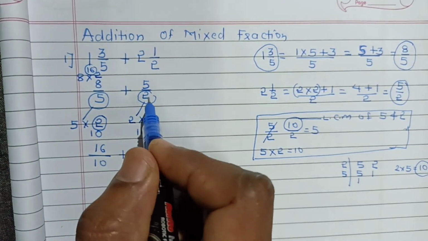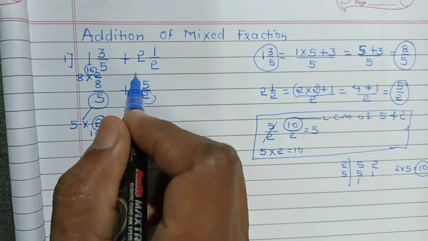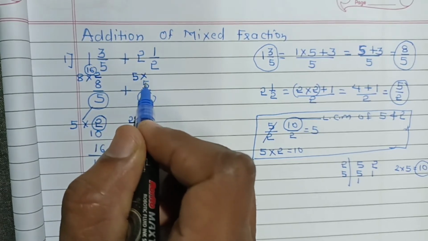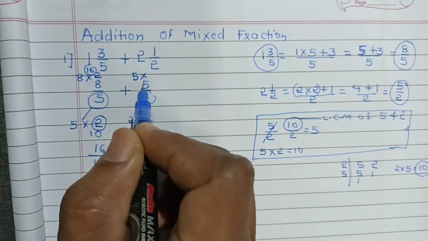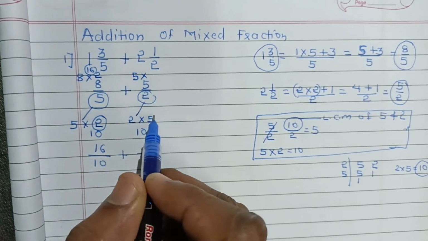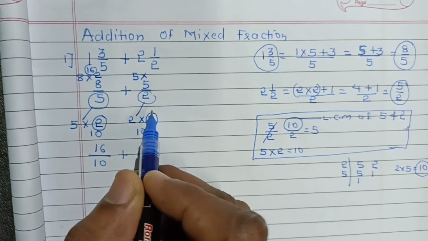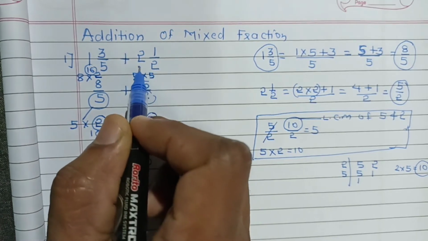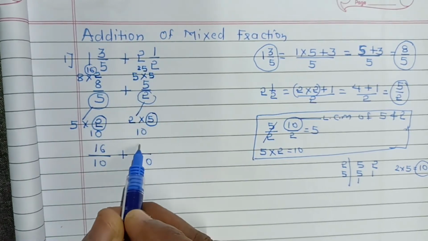Same here also, to get the numerator, 5 you have to write as it is, and whatever number is available here, that same number you have to write here. Now which number you have to multiply? This number 5. 5 into 5 is how much? 25.